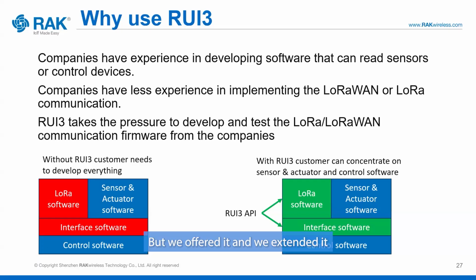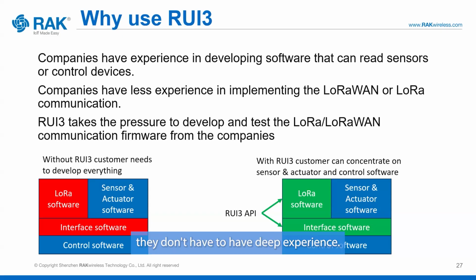But we extended it to have these API function calls integrated so that companies that have experience in developing their own software can easily extend this API with their own firmware, read sensors, control devices.